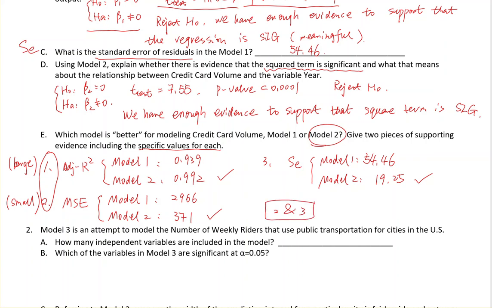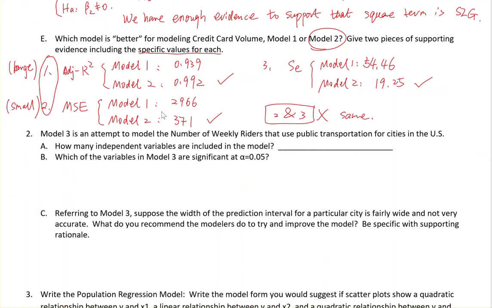No, because they are the same thing, right? So you can either use 1 and 2, or you can use 1 and 3, but you cannot use 2 and 3 as 2 pieces of evidence because they are the same. Alright, so this is about E.